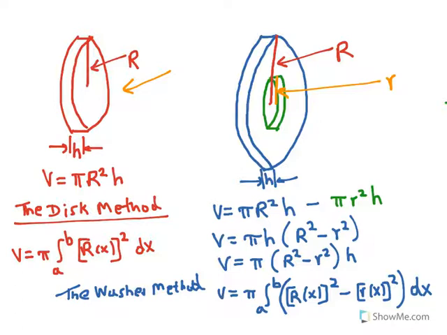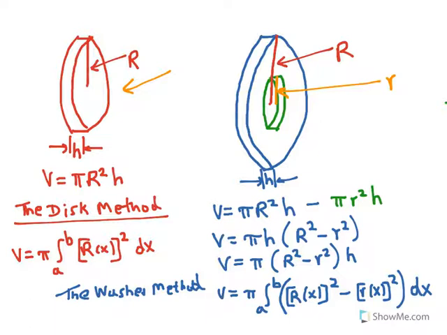There is a part that's hollow, and basically for each approximating element you will have something called a washer, which is basically a disk that is missing a part of itself, and the part that it is missing is also a disk.